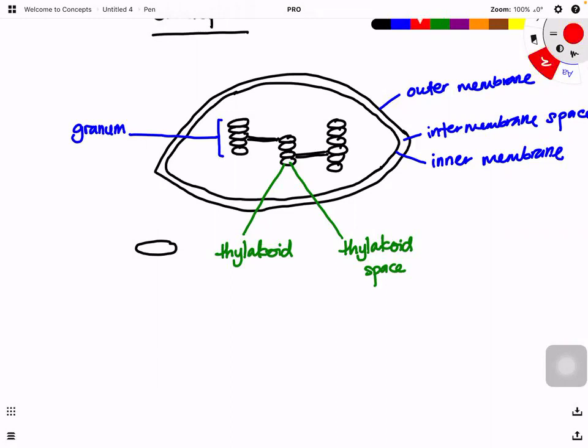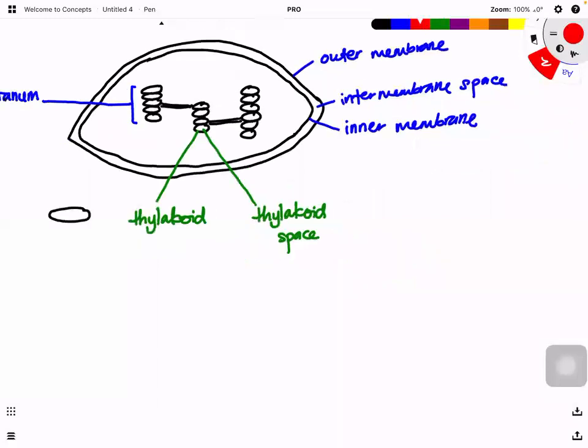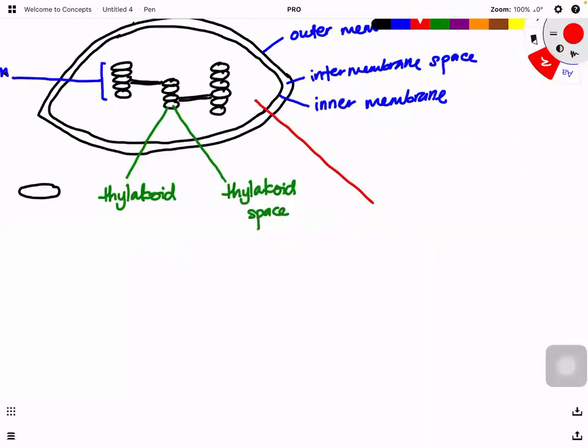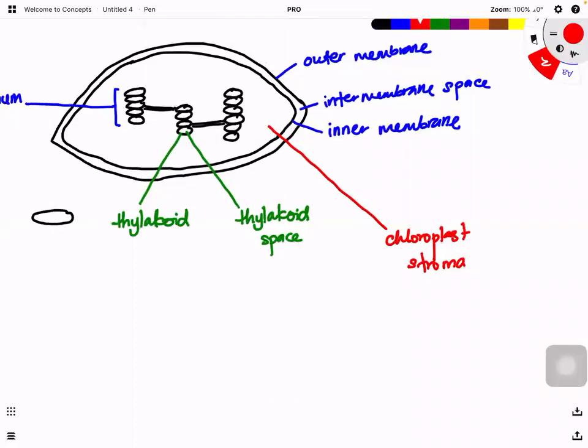Then we have the fluid structure surrounding the thylakoids. This is known as the stroma, so we say chloroplast stroma or stroma of chloroplast. Be careful, it's stroma, not stoma. S-T-R-O-M-A. It's a fluid, something like a solution inside the chloroplast.